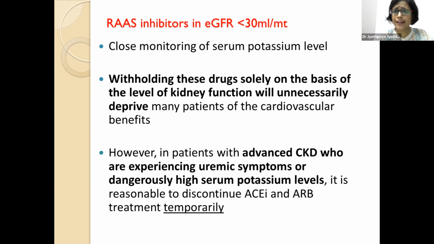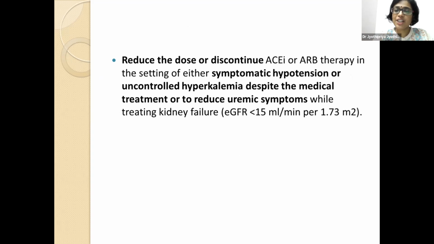However, in advanced CKD, if the patient has severe hyperkalemia or severe uremic symptoms, then we may have to withhold the drug. Reduction or discontinuation is based on the potassium status, hyperkalemia severity, hypotension level, and if the patient develops uremic symptoms, it's better to stop.